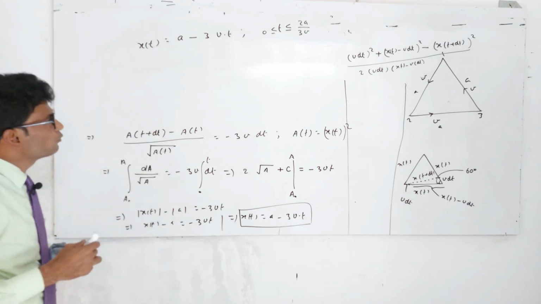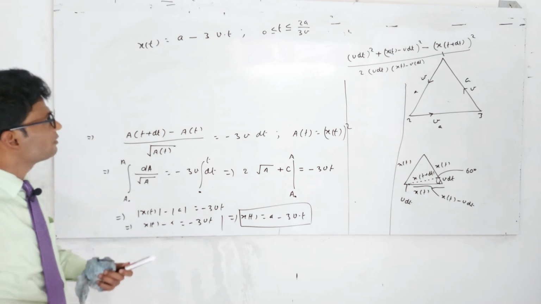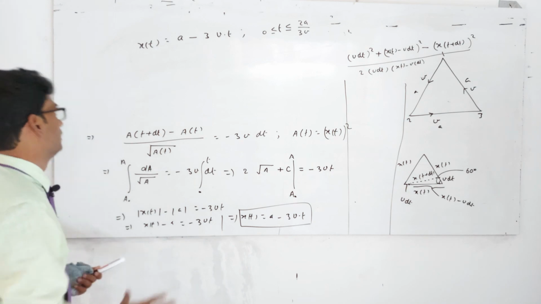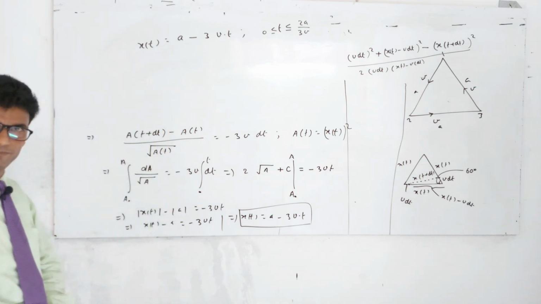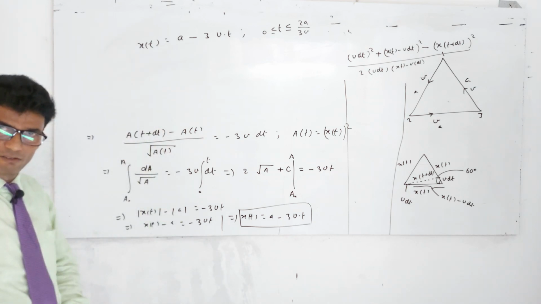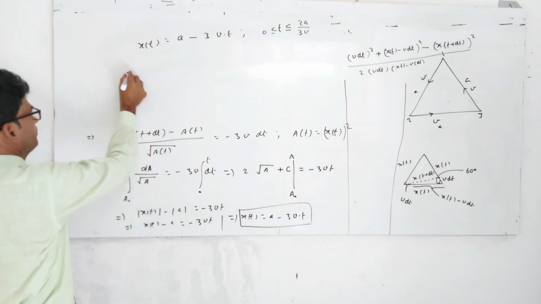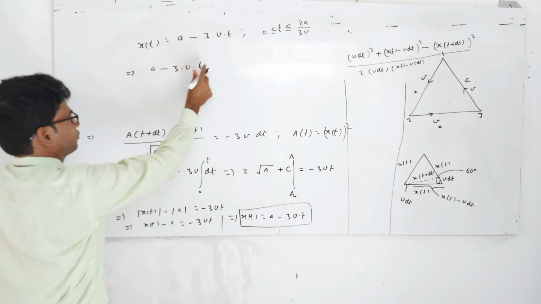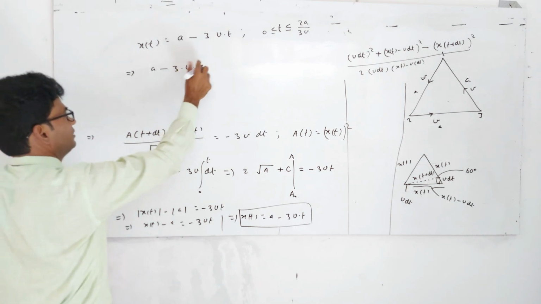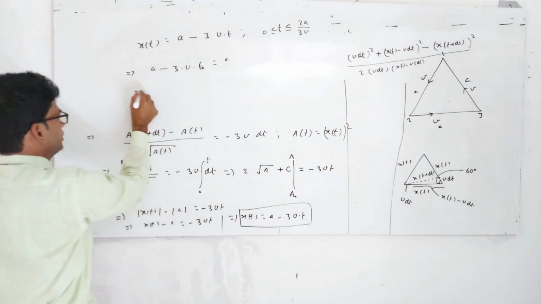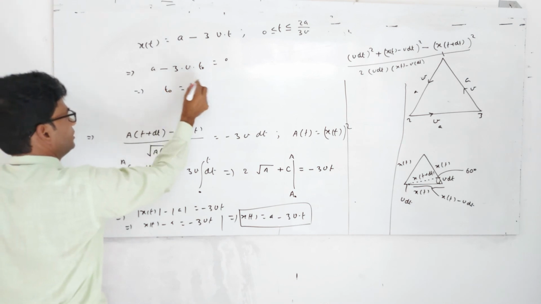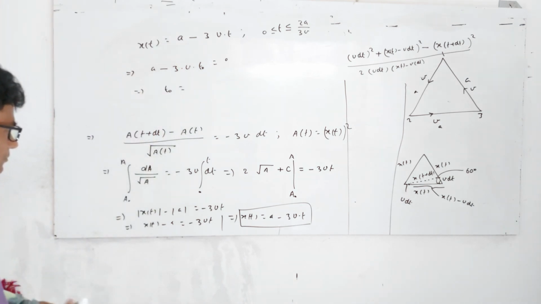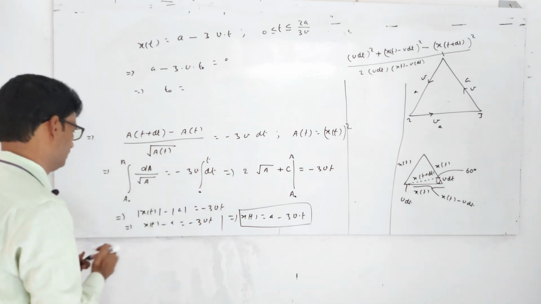So now we just want to find the converging time. We are able to do that because when they converge, then x of t must be 0. So this implies a minus 3v into t0, say t0 is the convergence time, is equal to 0. This implies t0 is equal to, look at here, the 2 factor is missing here.